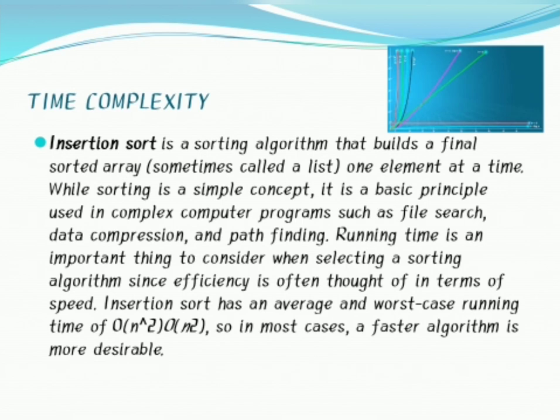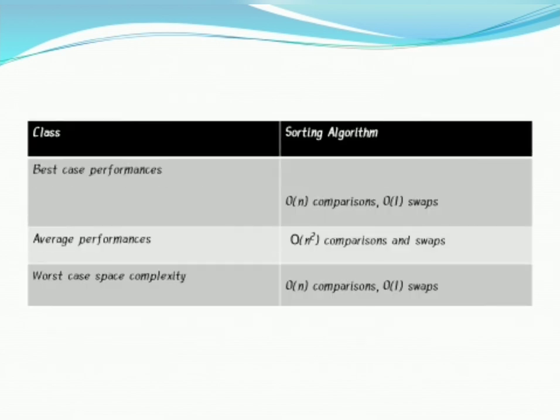Coming to the time complexity of insertion sort. At first look, it seems like insertion sort would take big O of n squared time, but it actually takes big O of n time. If we analyze the input carefully, we see that every element is only one position away from its position in the sorted array.